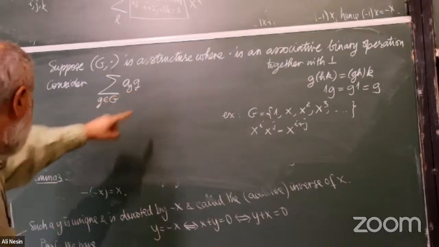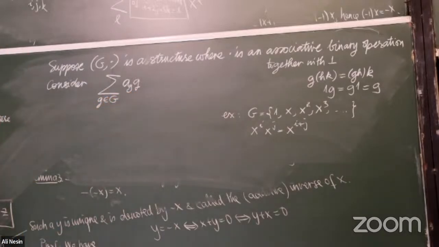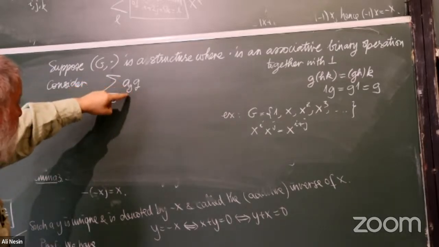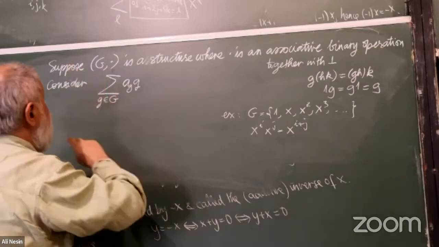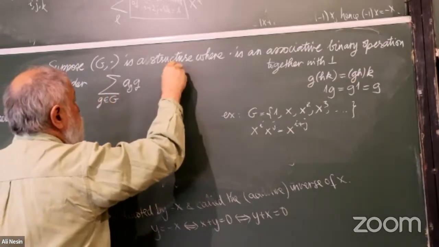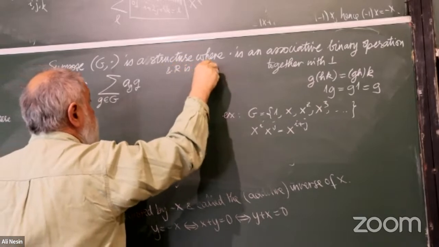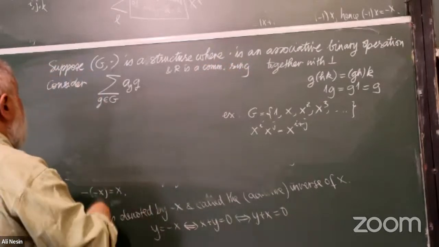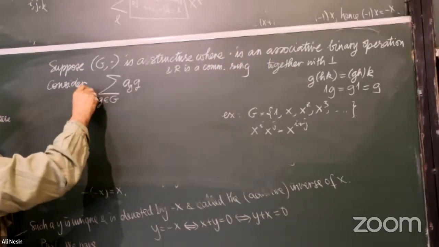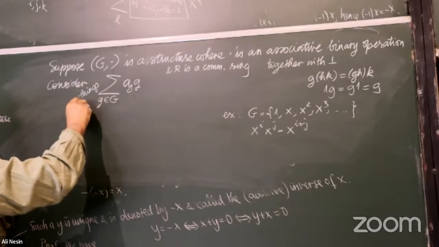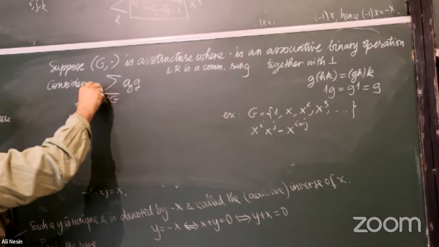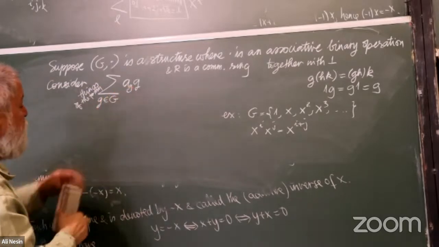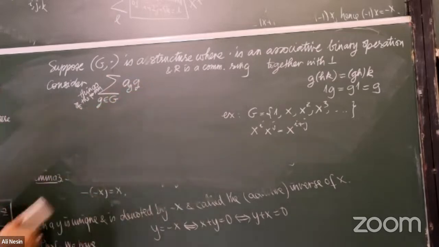So instead of x^i's, I take g's, and I index the coefficients by a sub g, where a sub g is in R, and R is a commutative ring. Formal objects. So this will be a sub 1 times 1, and then a sub g times g, and then like this.